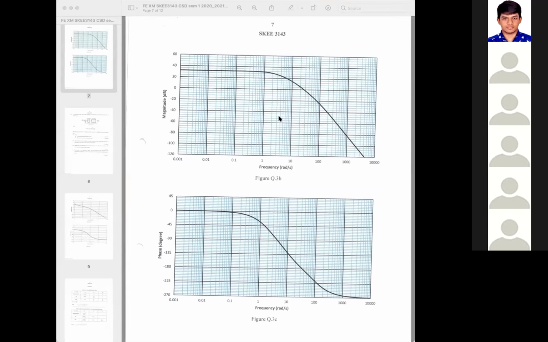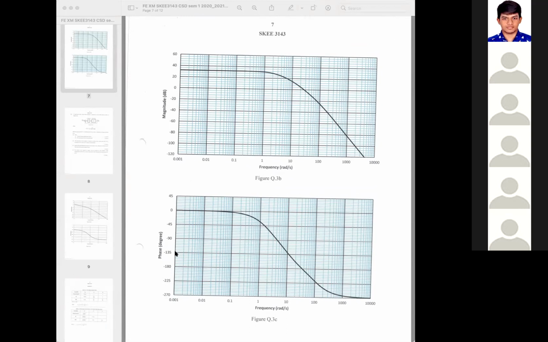So to obtain the phase margin 58 degrees, what is the value of the phase? 180 minus 58, how much? 122. So you find 122 here.